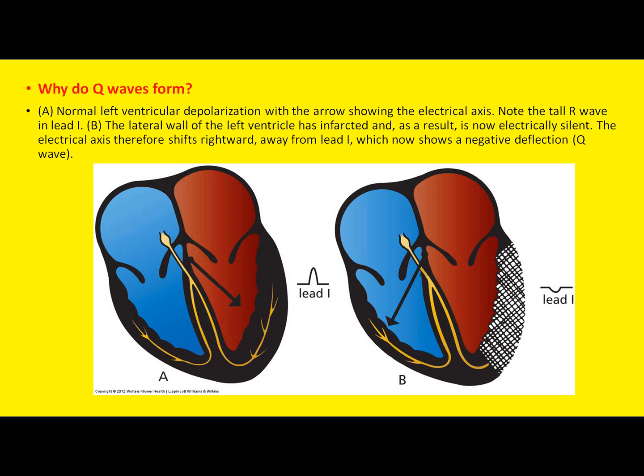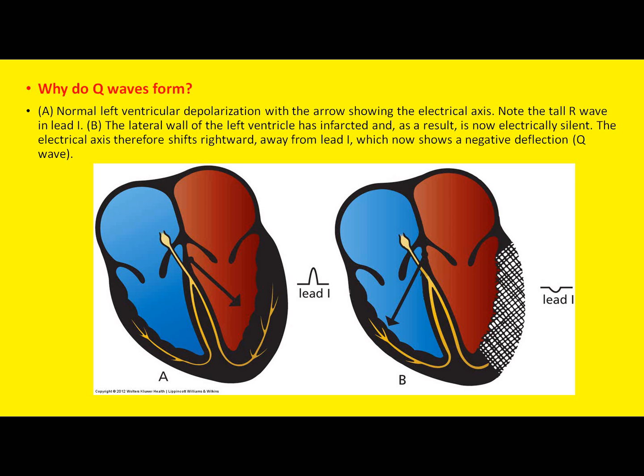So why do Q waves form? Let's say that patient had a heart attack, and this part of the heart muscle is dead. So when it is dead, what happened to the electrical forces? There's no electrical force. There are no cells to transmit the electrical activity because those cells are dead. So what happens to the electrical current? It starts flowing away from it as much as possible.